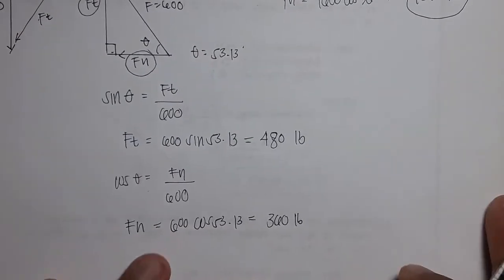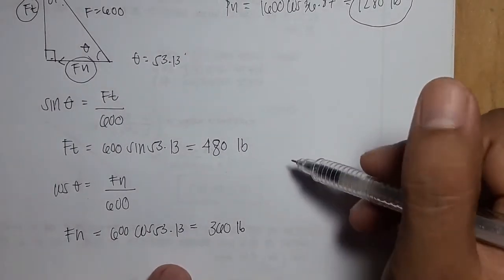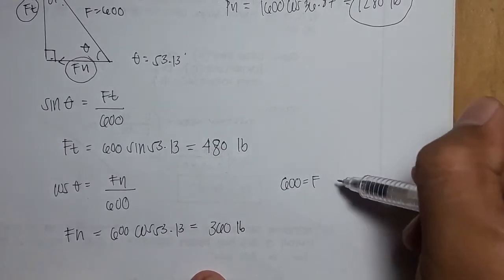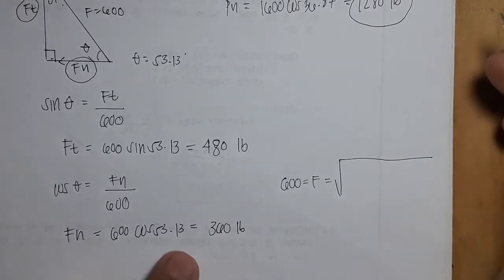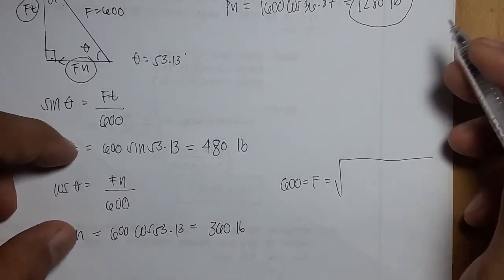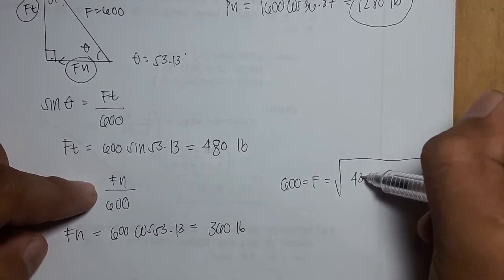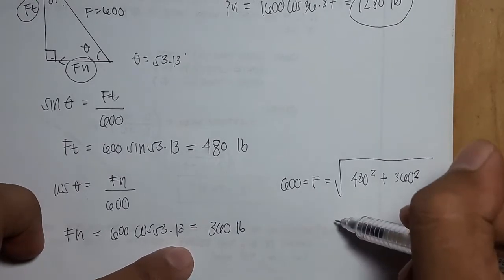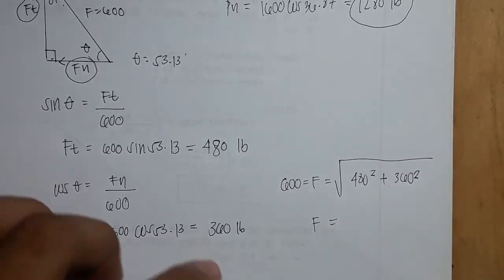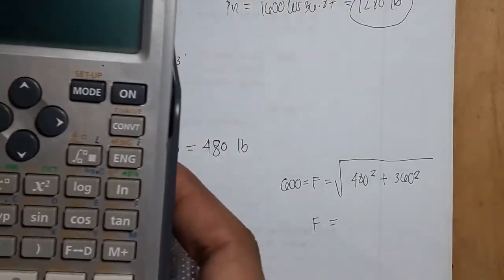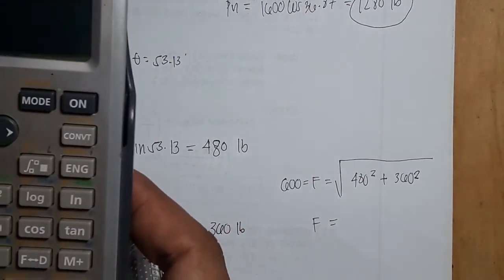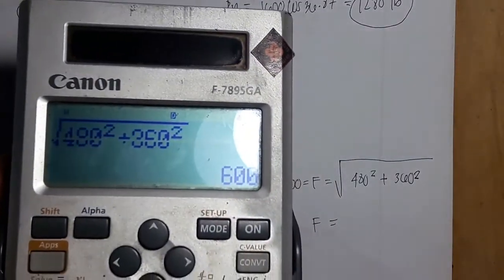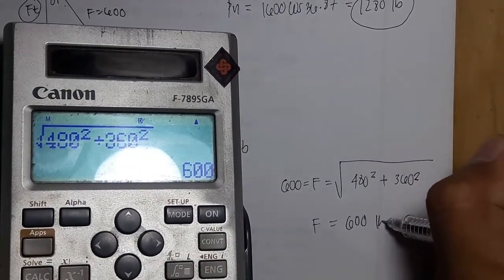So again, we would like to check if our values are correct. So 600 is equal to F, which equals the square root of the sum of the squares of these two components. So 480 squared plus 360 squared should be equal to 600. So let's see if my solutions are correct. So it is correct, 600 pounds.